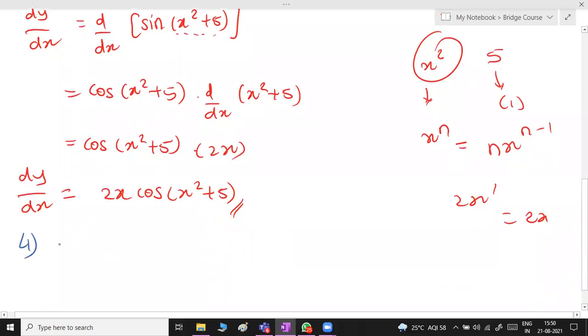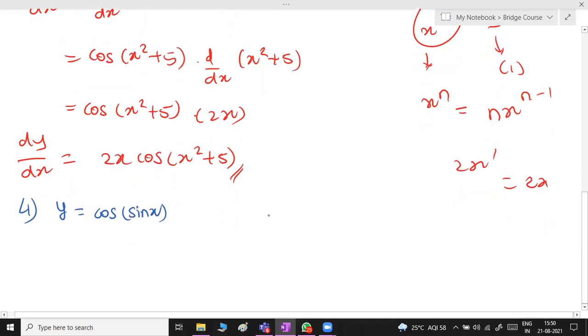Thank God. y is equal to, अभी दो trigonometry function भी आ सकते हैं, that is cos of sin x. In this case, what we are going to do, we are going to follow the same procedure, differentiating with respect to x. So I'm going to get dy by dx is equal to d by dx of cos sin x.